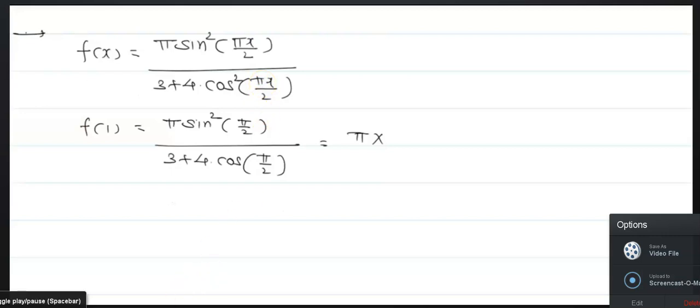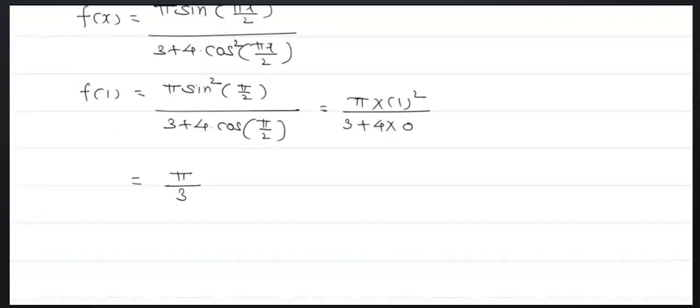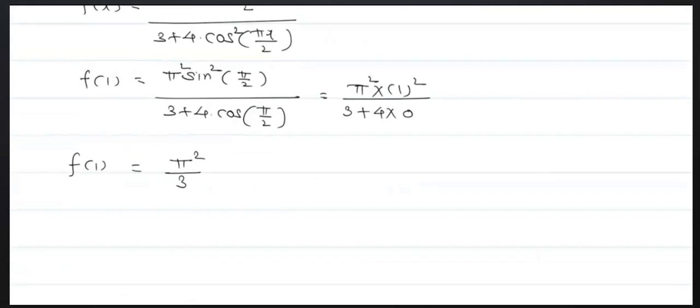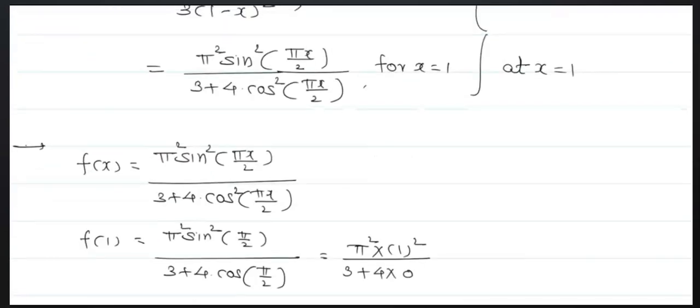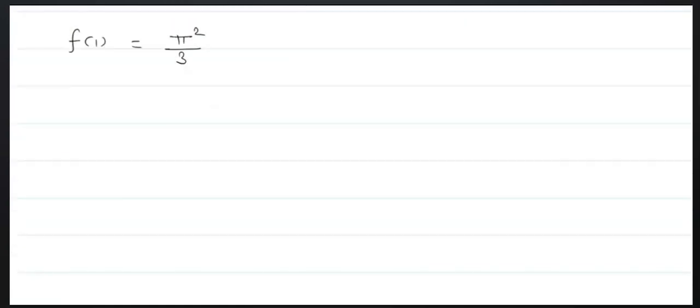Now see this again: pi into 1 square upon 3 plus 4 into 0. Therefore f of 1 is equal to pi by 3, which is equal to pi square upon 3. That is pi into pi, pi square upon 3. This is the value of f of 1.